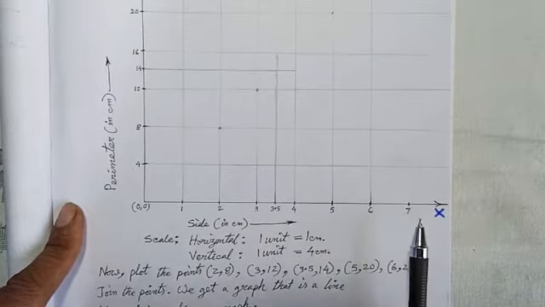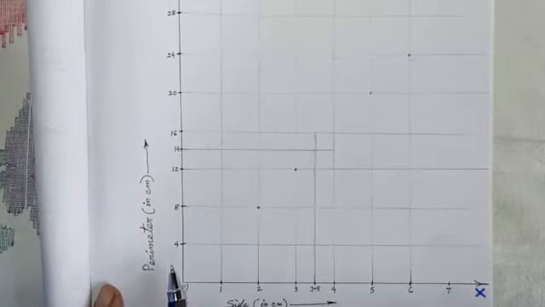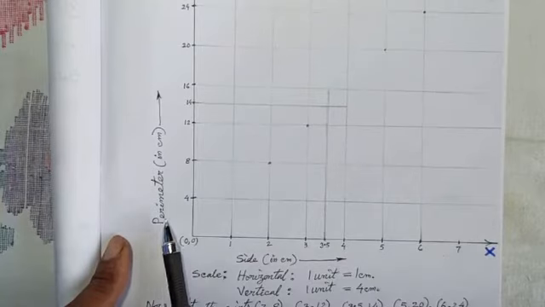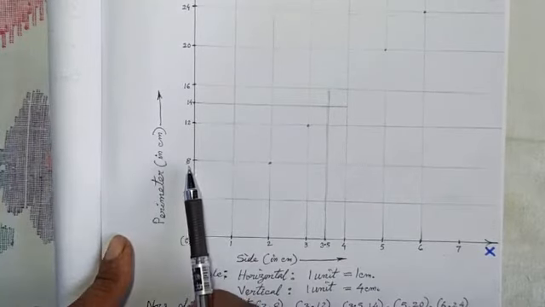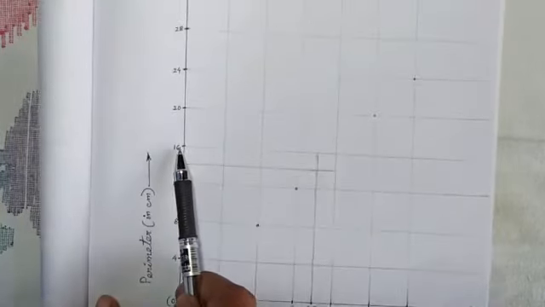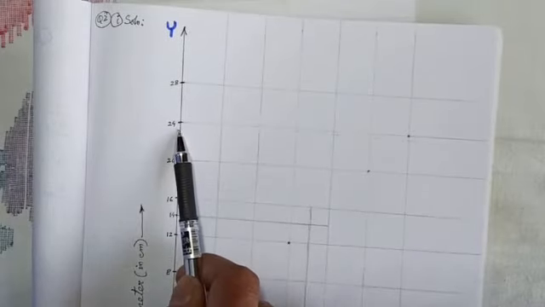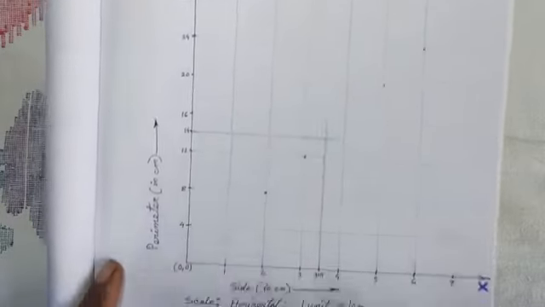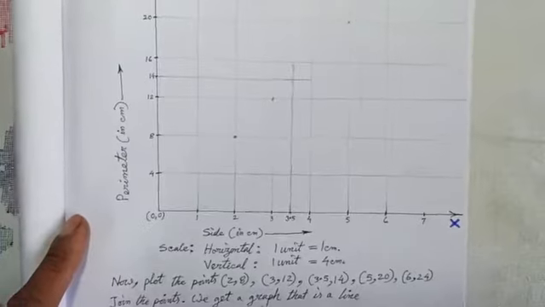These are marked. Then this y-axis is perimeter in centimeter. So this is 4, this is 8, this is 12, this is 16, this is 20, this is 24, and this is 28. These are marked.